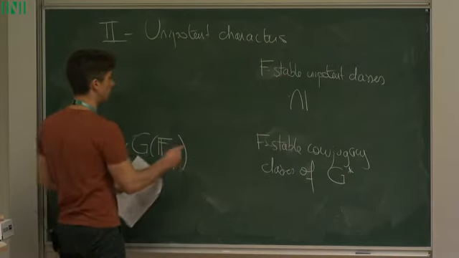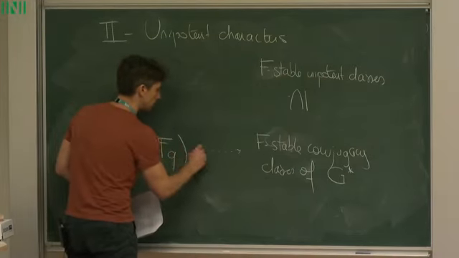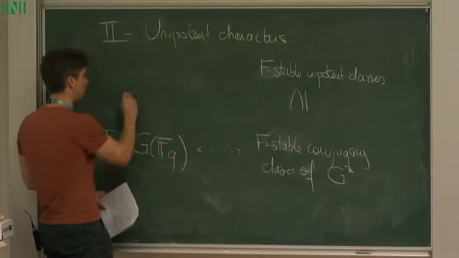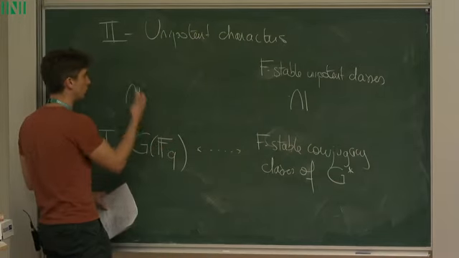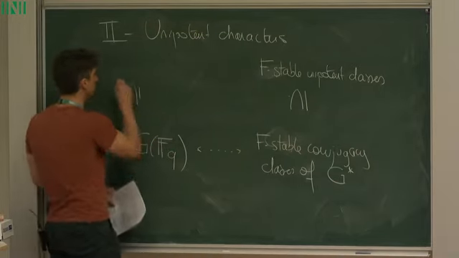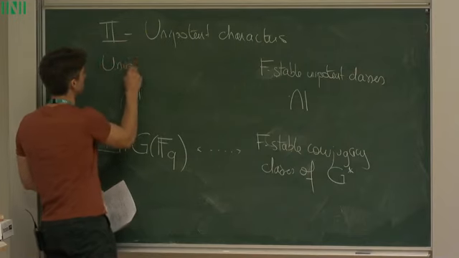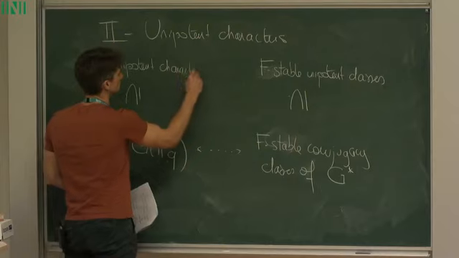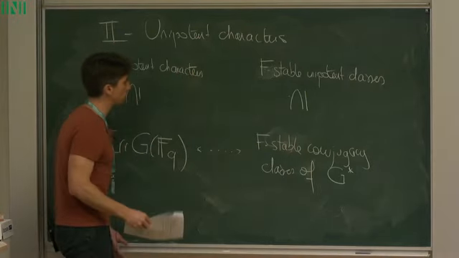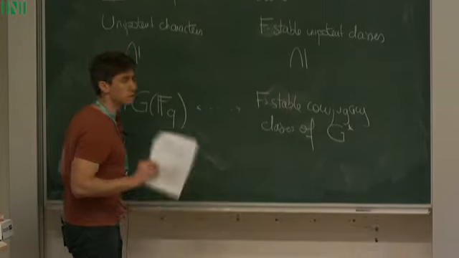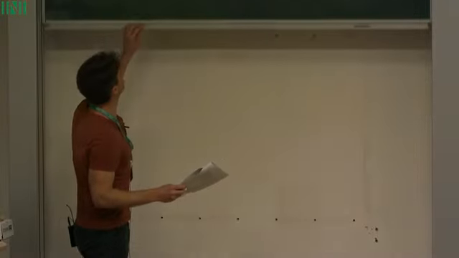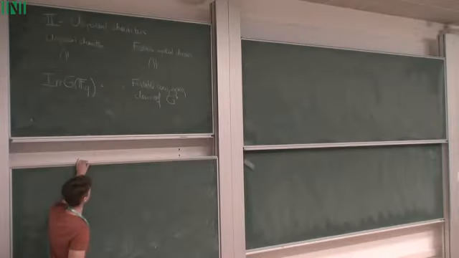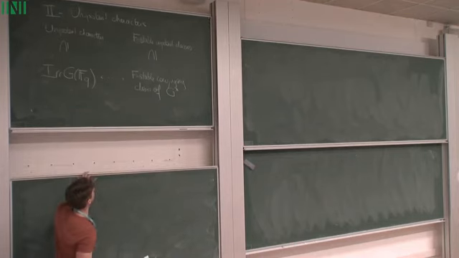Okay, and here what will be the analog of the characters which correspond to the unipotent classes will be the unipotent characters. So I will not define them because that will take too much time and it won't be really enlightening for this talk.